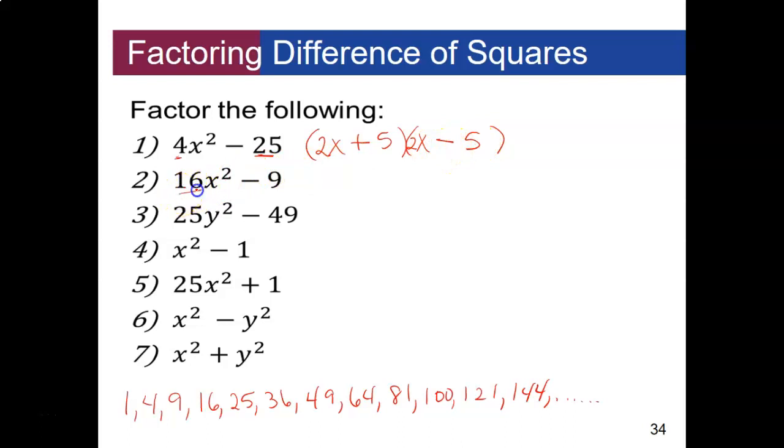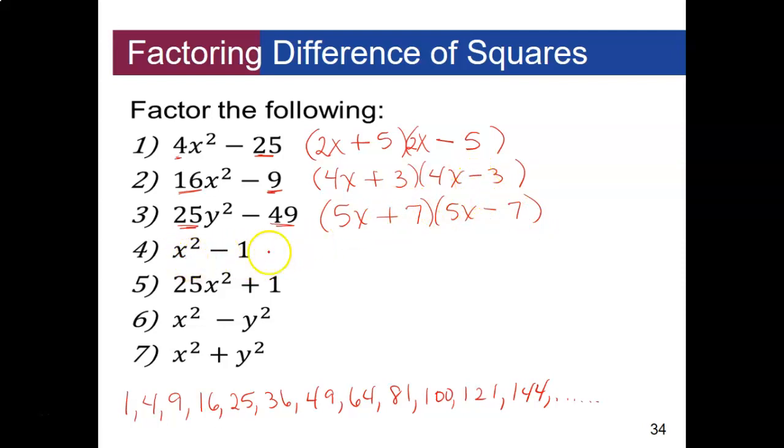Here we see another difference of two perfect squares. So for the first one, we square 4 to get 16, so that would be 4x. And then we square 3 to get 9, and we have a plus and a minus. On this one, we've got perfect squares again, so we'll have 5x and 7, and then 5x and 7 again with opposite signs.